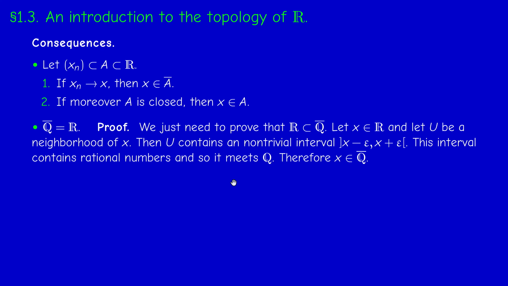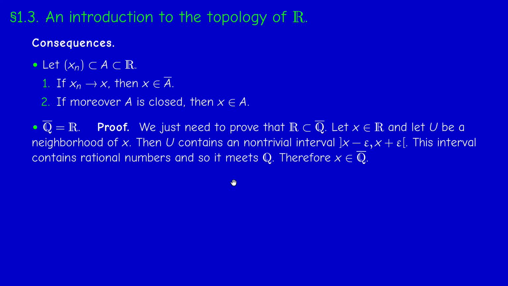So U meets Q. Since U was arbitrary, every neighborhood of X intersects Q. And by proposition 1.6, X belongs to Q bar. So we are using the implication 2 implies 1. This is the first method of proving that Q bar is R.